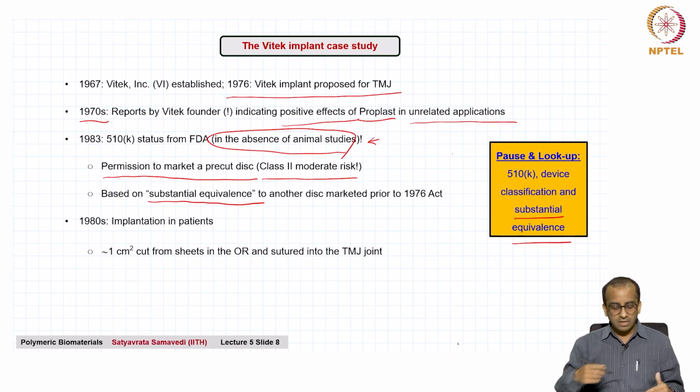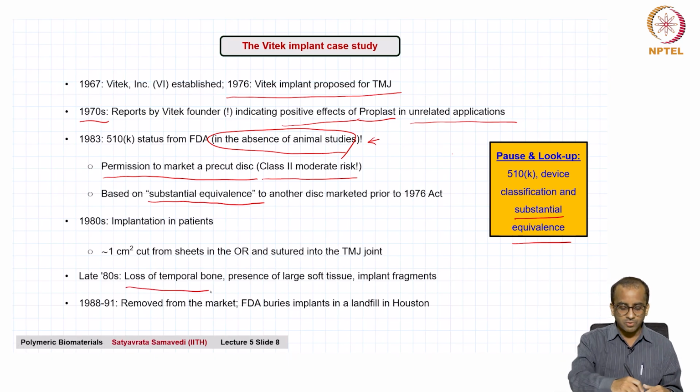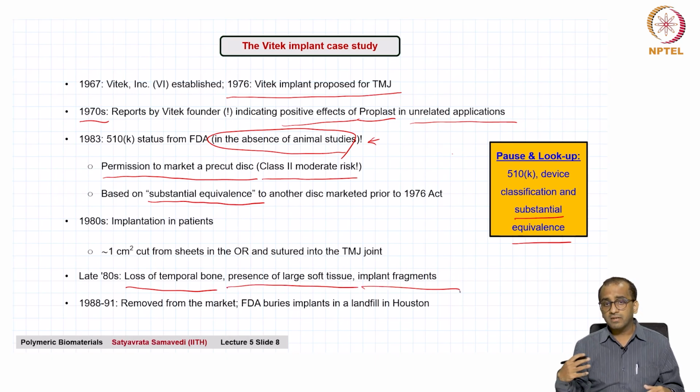It was not until the late 80s that the issues started cropping up, which led to the FDA finally withdrawing the product itself. The issues involved loss of temporal bone, presence of large soft tissue, and implant fragments.